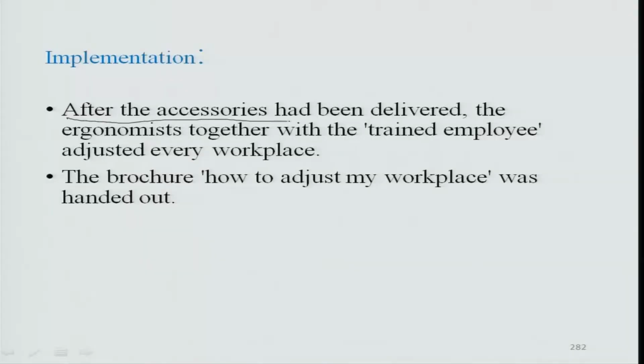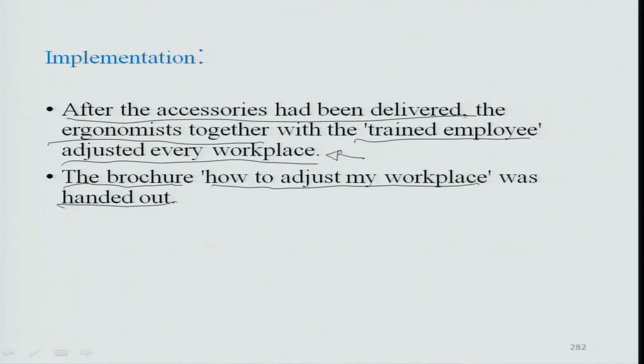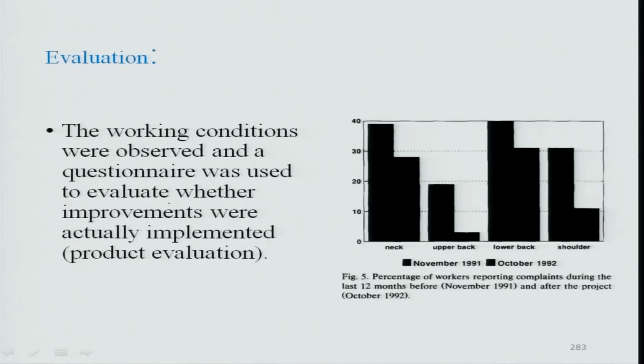Regarding implementation, after the accessories had been delivered, the ergonomists together with the trained employees in the organization adjusted and tweaked every workplace based on the tasks identified earlier, and the associated postures or physical efforts. A brochure was generated on how to adjust my workplace, which was handed out to almost all the stakeholders or human factors in that company.